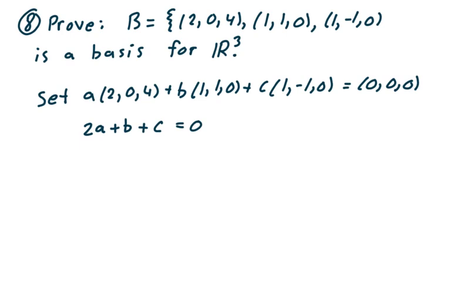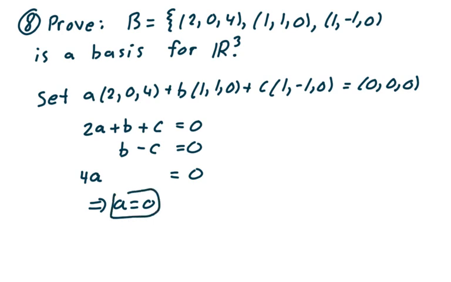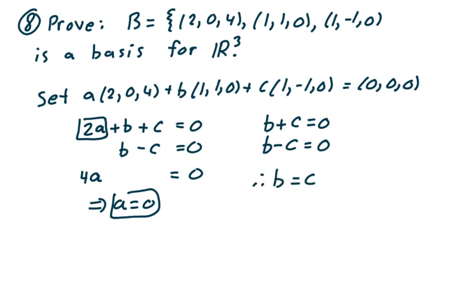And then b minus c equals 0, right? And then 4a equals 0, which implies A is 0, right? Once A is 0, then we know B plus C equals 0, because I'm going to replace A up here with 0. And B minus C is 0. And so therefore, B equals C equals 0.